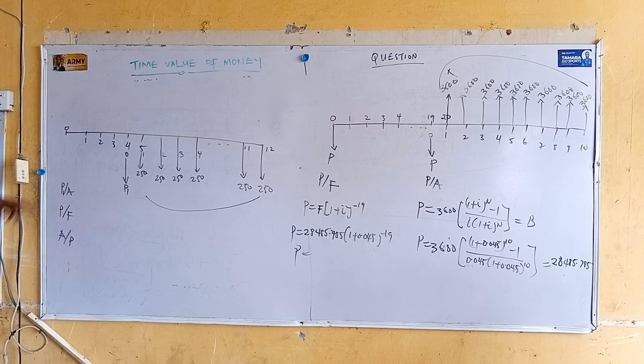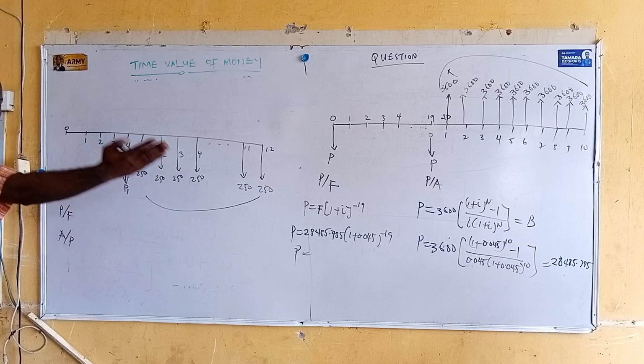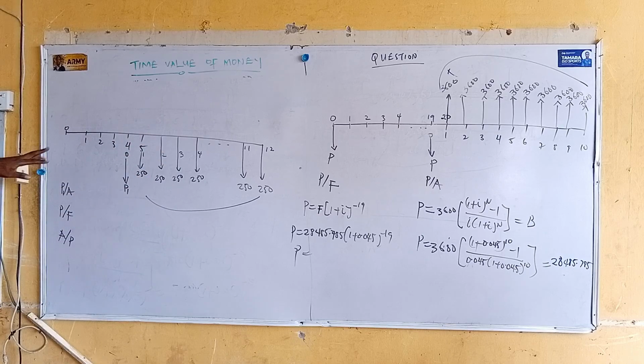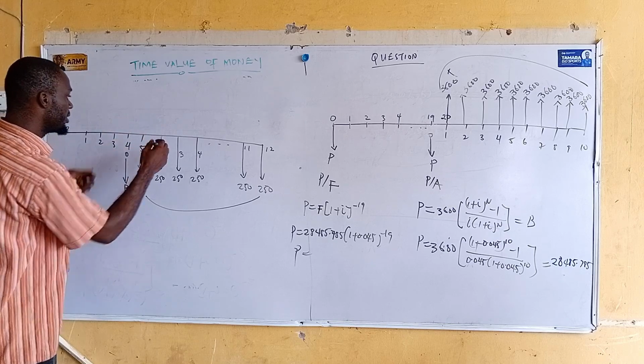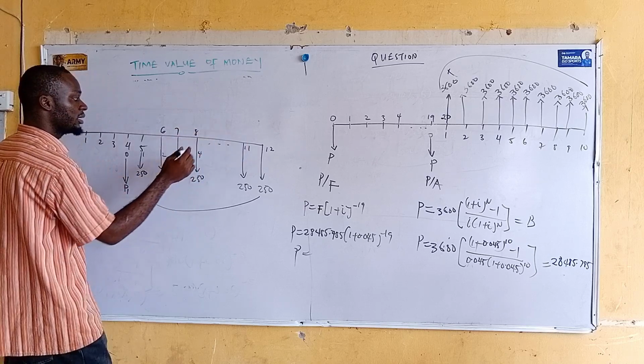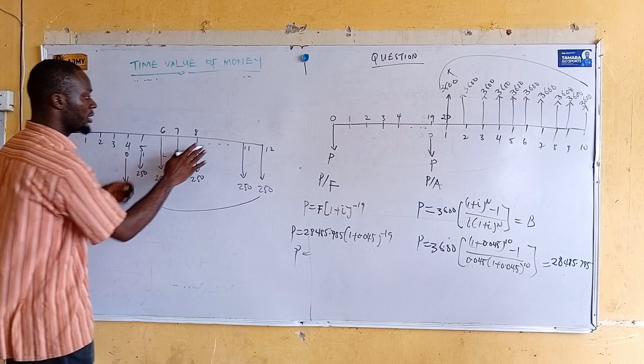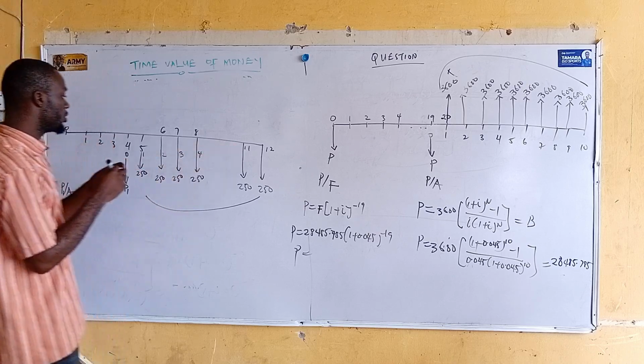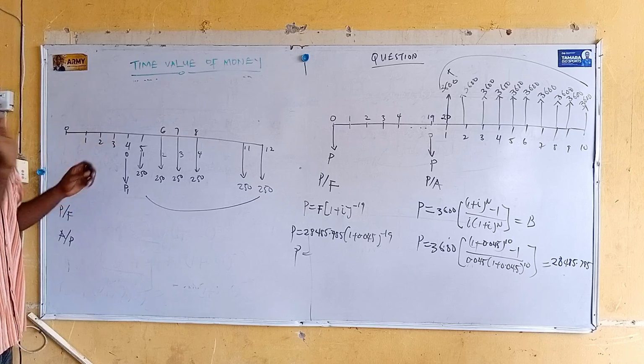So now this P1 becomes F. You now find P. No, you count from here. So now here it is 5, 6, 7, 8. It's not the 8. It's 16 now. It's 12 plus 4, 16.